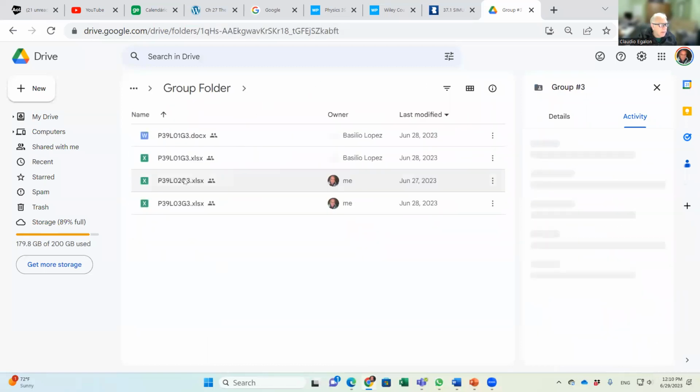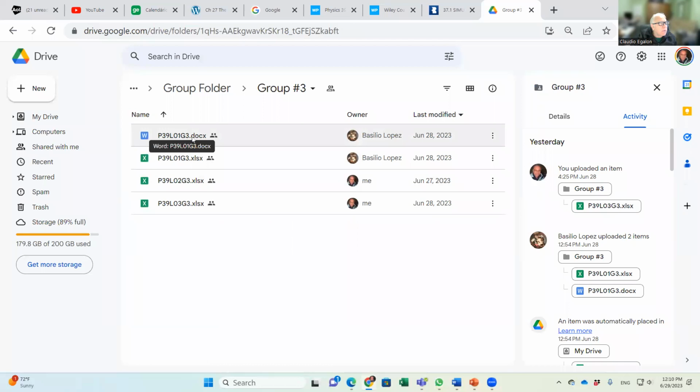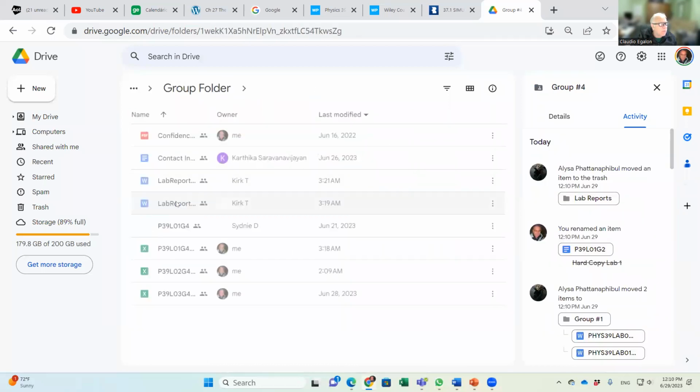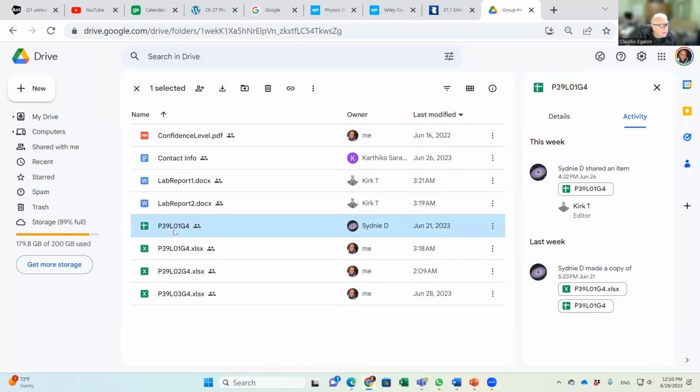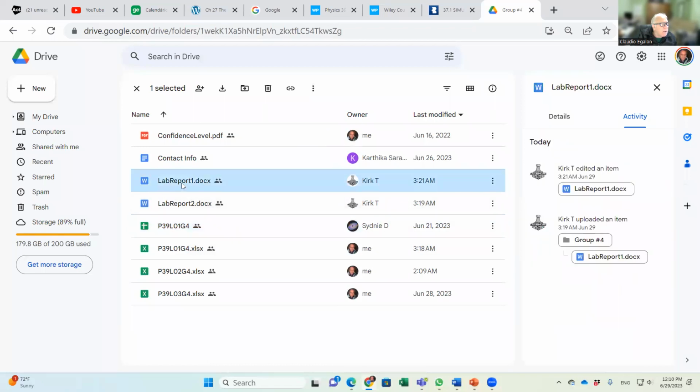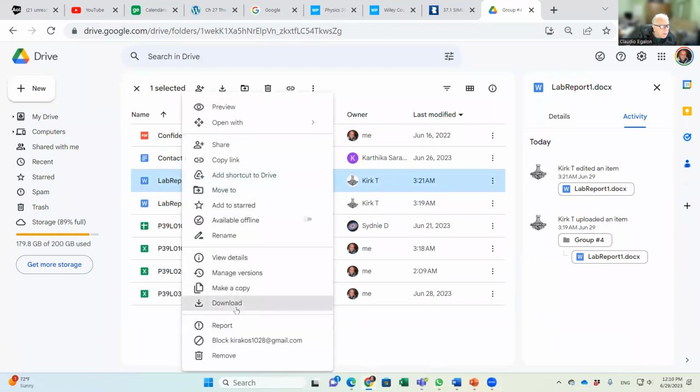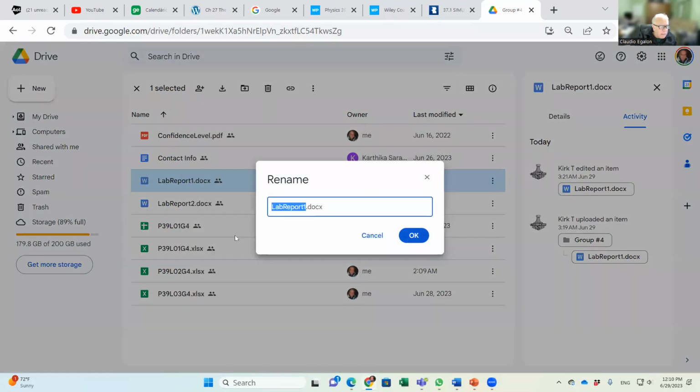And let's see, group three. Yeah, group three did well. They didn't change anything. Group four. Okay, understand that you use this format here, and that should be the Word document for the first lab report.